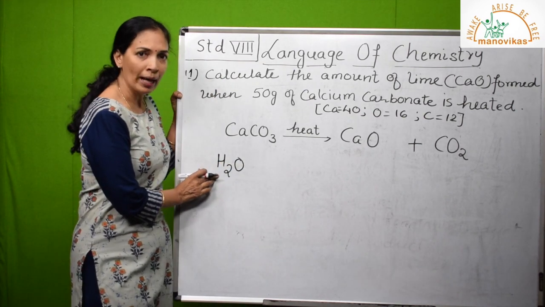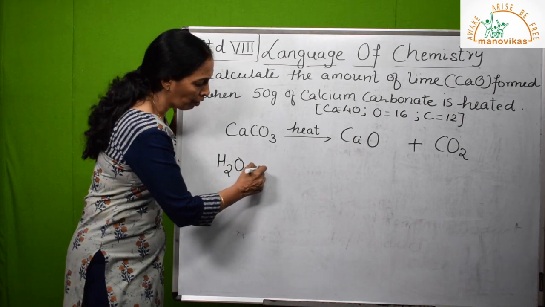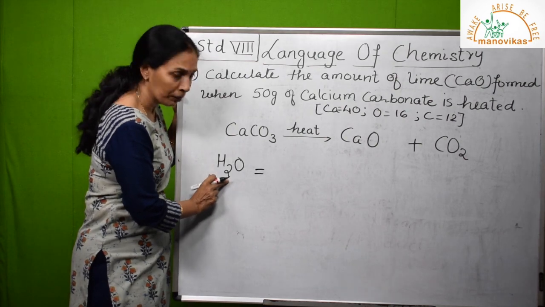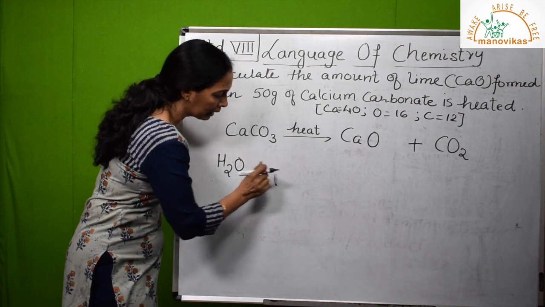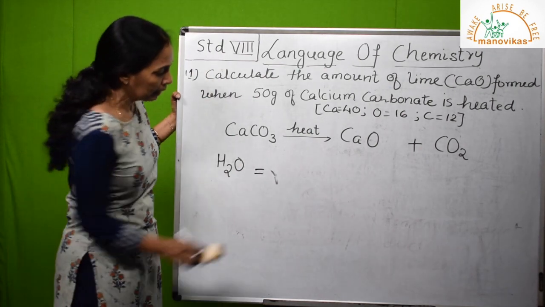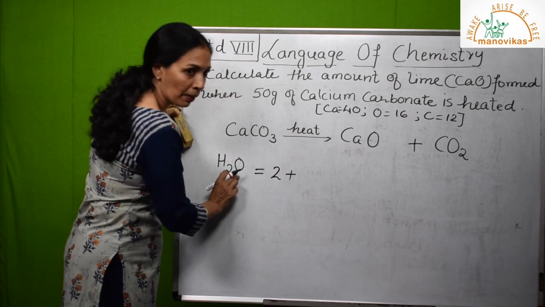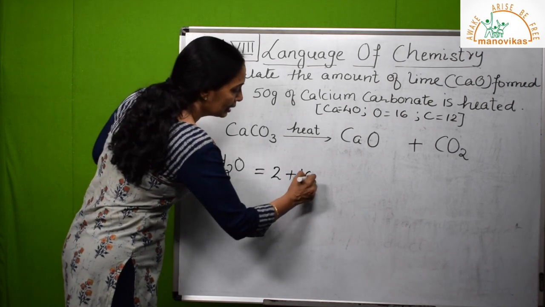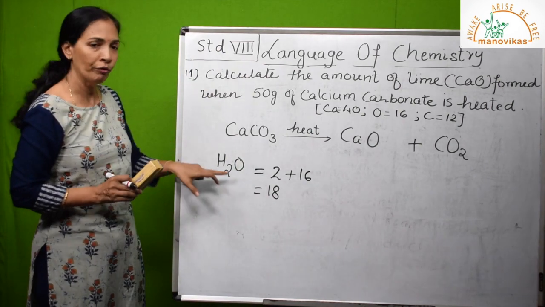This is made of 2 atoms of hydrogen and 1 atom of oxygen. Now atomic mass of hydrogen is 1. So how many are there here? 2. So 1 into 2, total it will come 2, plus atomic mass of oxygen is 16. So it comes 18. So this is the molecular mass of water.